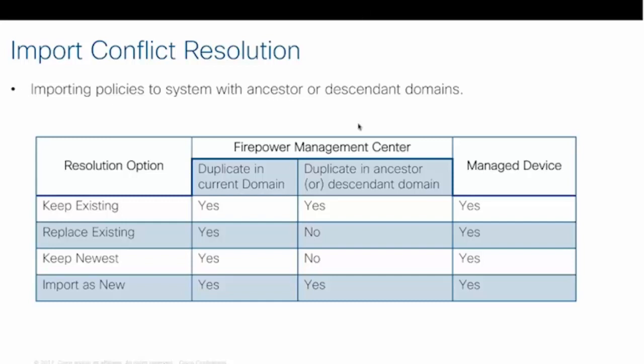Whereas if we are trying to import the access control policy to the ancestor domain or descendant domain, then it will only give us the options keep existing and import as new. This is because the current domain will not have much view or awareness about the ancestor or descendant domain. Therefore, replacing the dependent policies or access control policies that are part of the ancestor or descendant domain is not ideal.